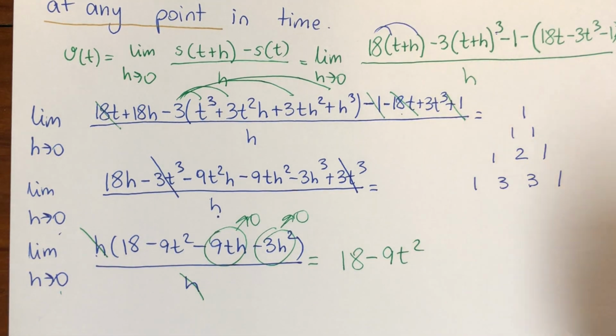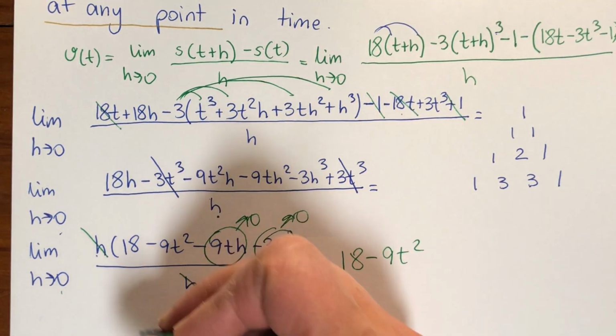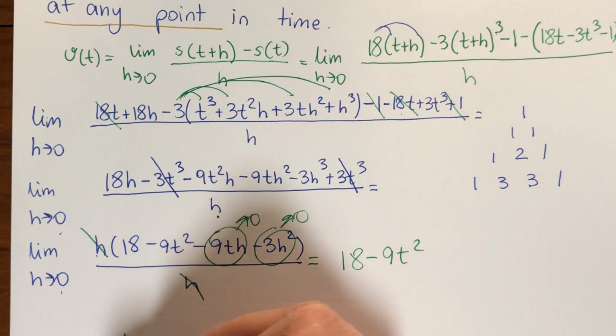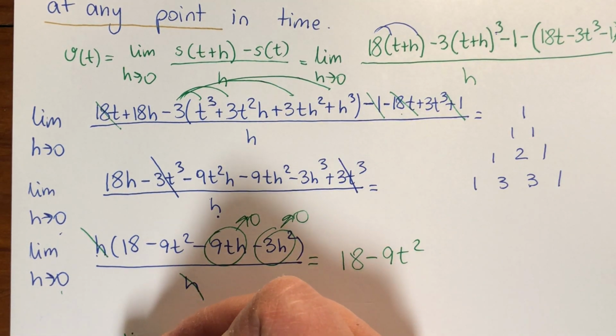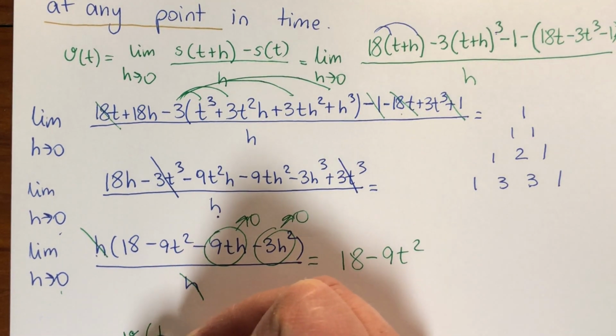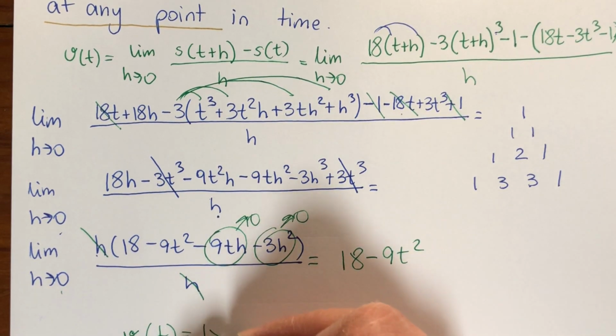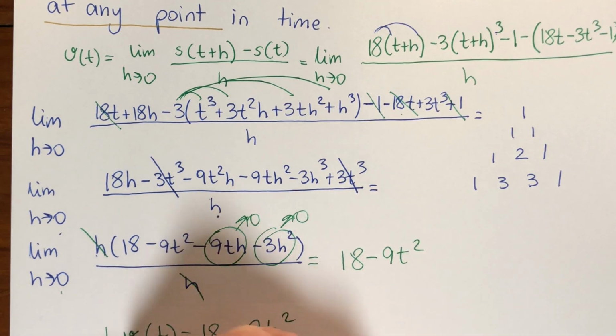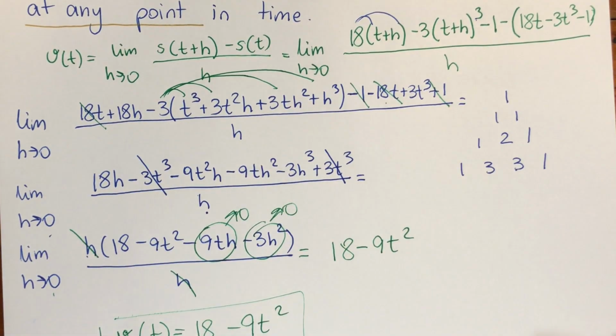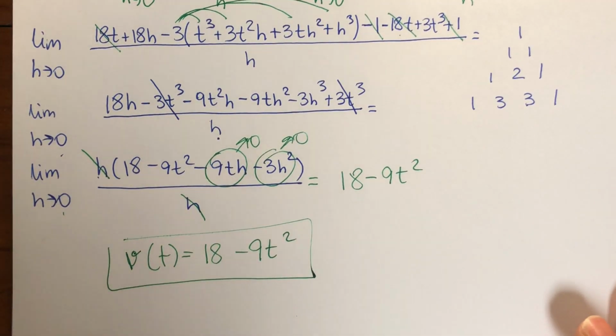So the answer, the instantaneous velocity of this particle, is going to be described with the formula 18 minus 9t squared. Done and done. Well, that was fun.